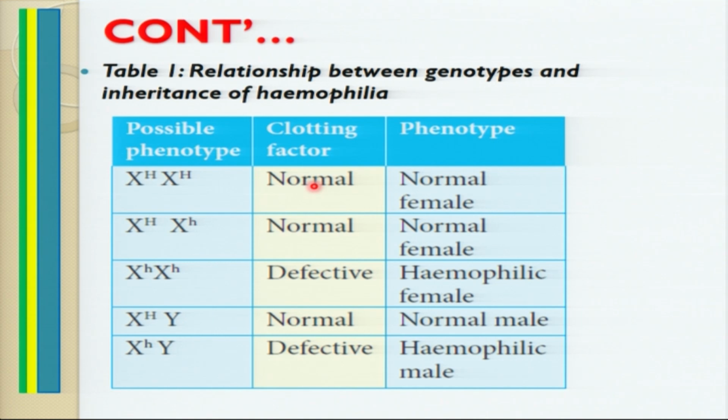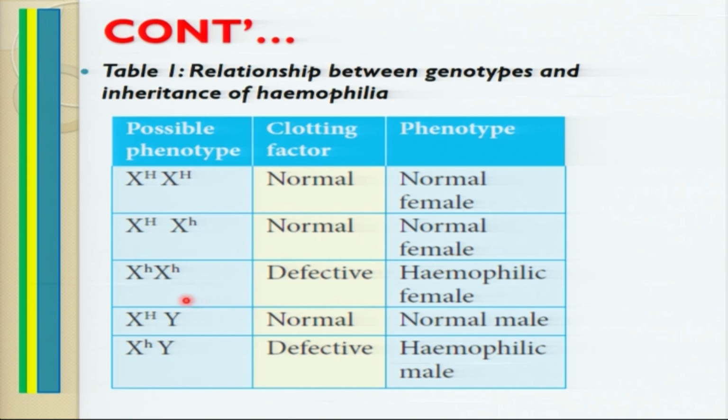Phenotypically, once this normal female gets damaged, the blood can clot very easily. I have another woman which has these alleles: X superscript H capital and H small. She is normal phenotypically, but genotypically she is not normal because she is a carrier.